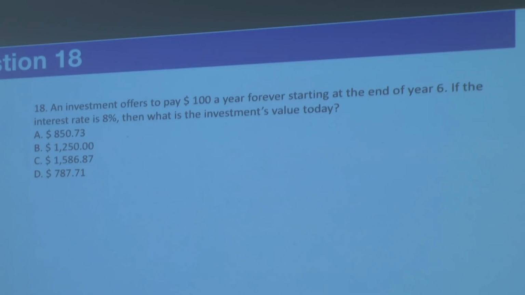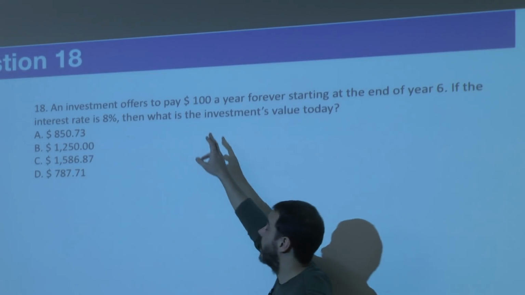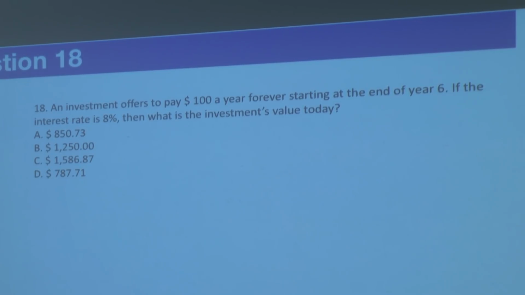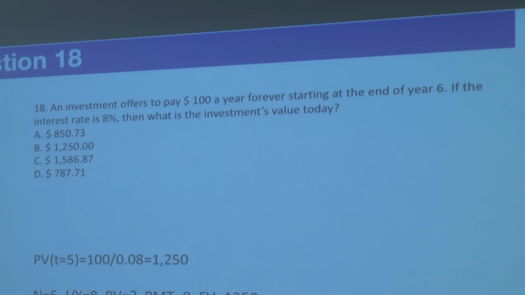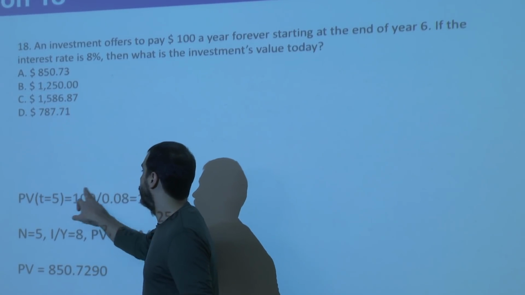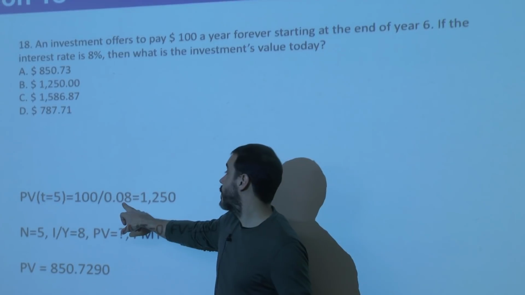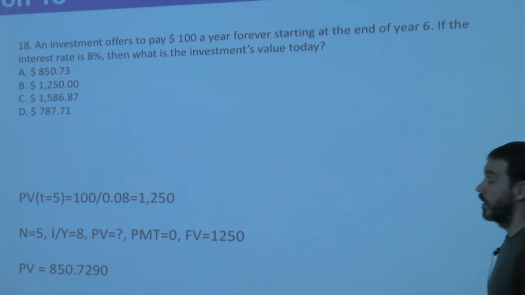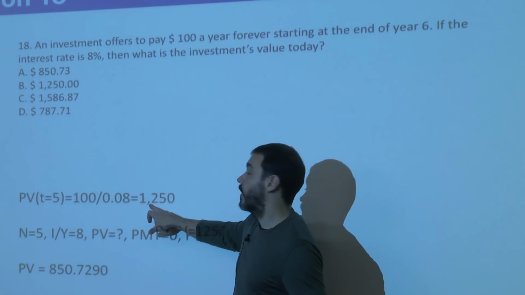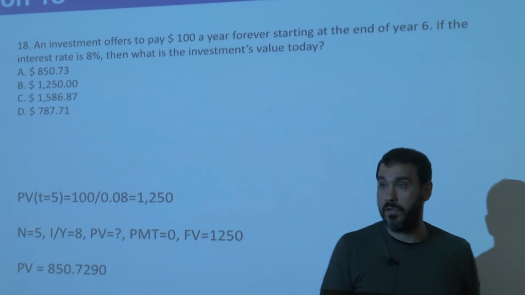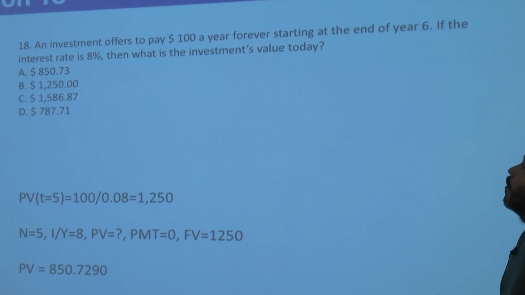There is some investment that will pay $100 forever. So the first step is I want to attach a value to this investment. $100 divided by 8%, 0.08. And I can compute the present value of this perpetuity, which is 1,250.